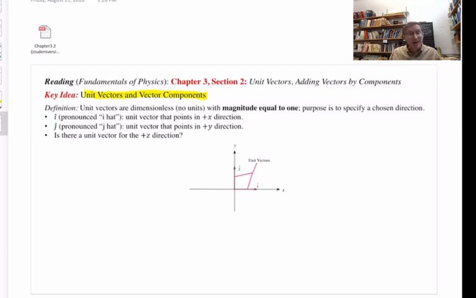First, let's be clear about the definition of a unit vector. It's clearly a kind of vector, but it's a special vector. The key things about it: a unit vector is said to be a dimensionless quantity. Dimensionless boils down to no units. So there are no units associated with this special kind of vector. Here's the next key thing, and this is where the name comes from.